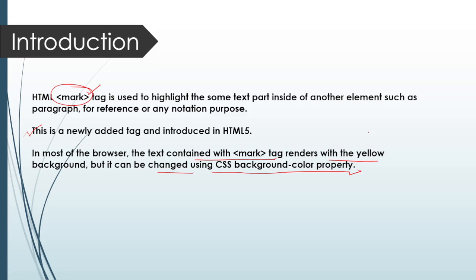In this lecture series, we are using HTML only, so by default the mark tag will use yellow as the highlighter. If you want to change the background color of the mark tag, you can use the CSS background-color property. We'll discuss everything about CSS in the next chapter.